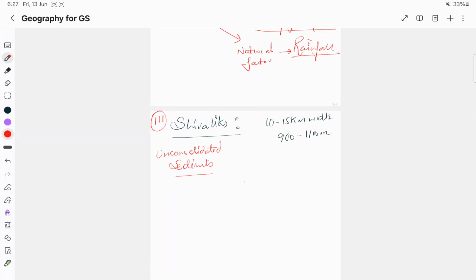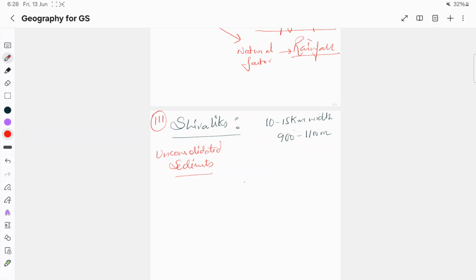As we move from north to south in the Himalayan mountains, there is a reduction in the height of the mountains, and they are also loosely packed. So these are the most unconsolidated sediments, and they are going to play an important role in the formation of the North Indian plains.